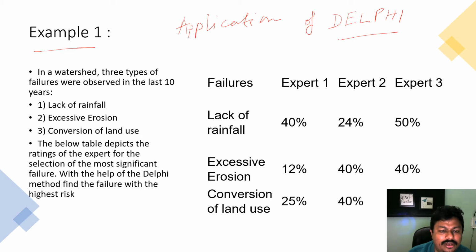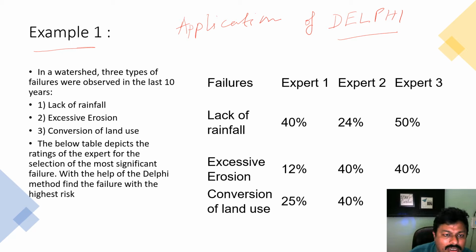Delphi is a very well-known risk analysis method by which we place some questions to a group of experts and ask the experts to rate the questions, or rate, let us say, failures. For example, here in a watershed we have observed three types of failure.